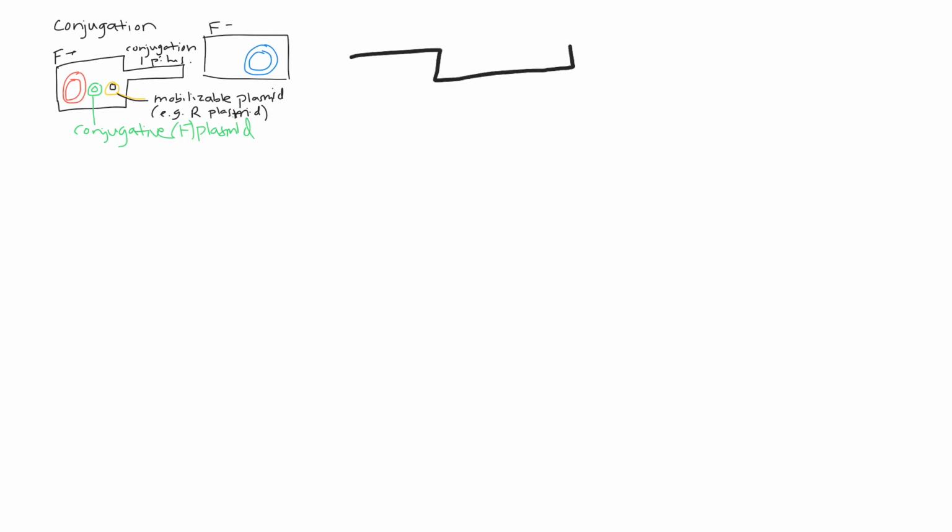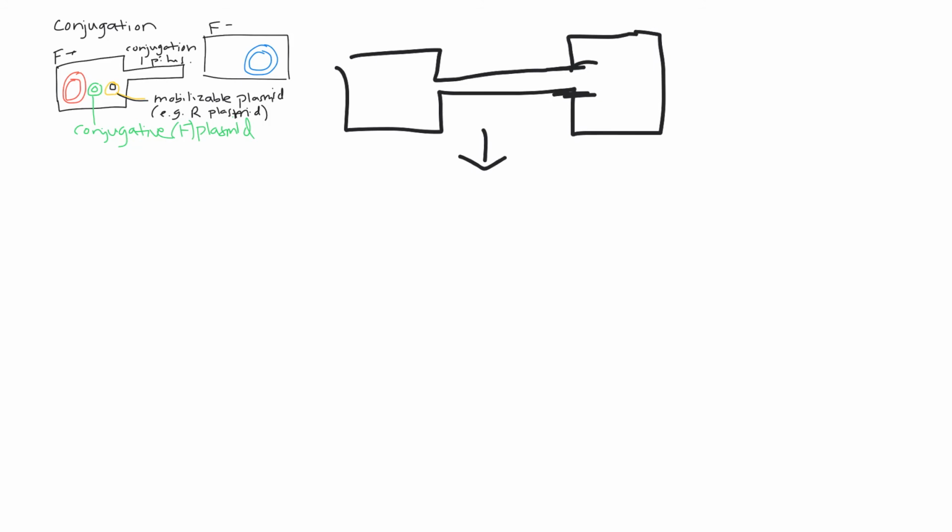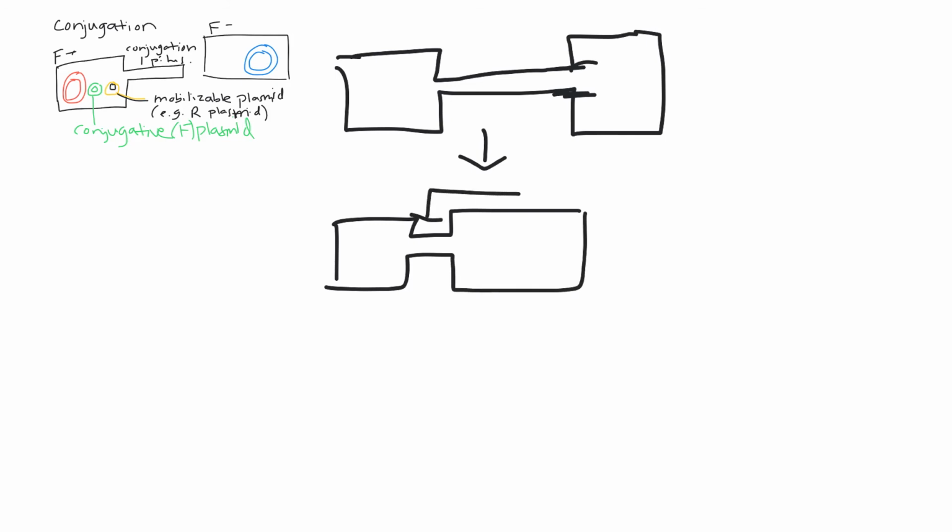I'm not going to draw the DNA yet. We have the plasmid, and it basically pokes through that cell wall and then pulls those bacteria cells together, forming this conjugation or mating bridge. Same thing as before.